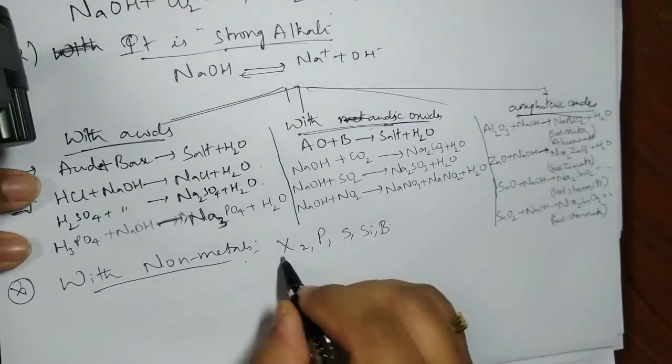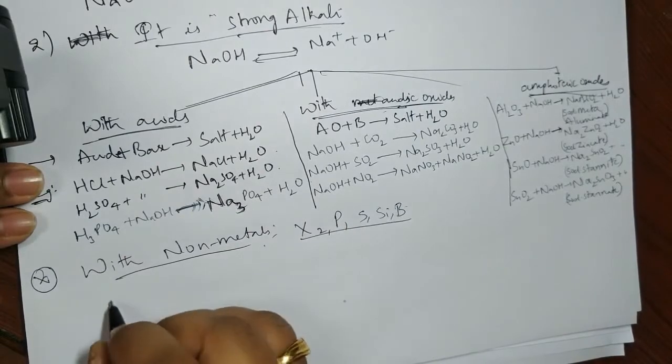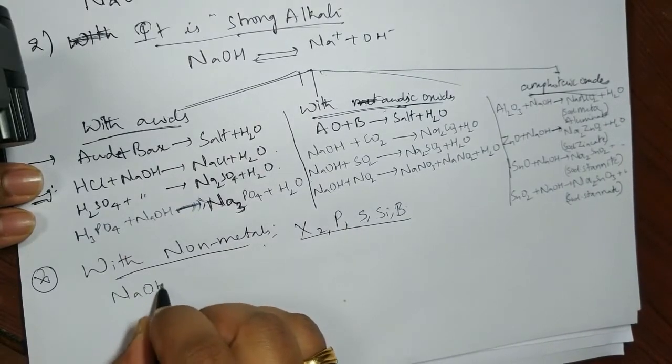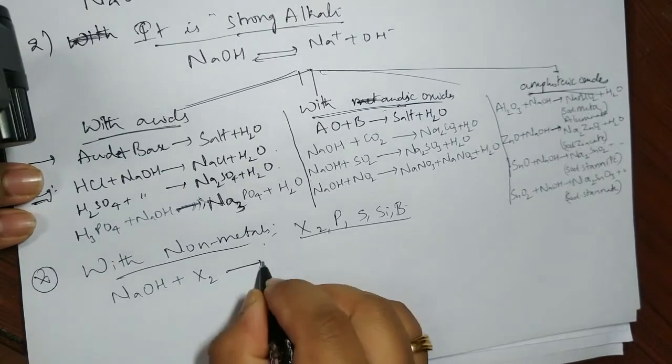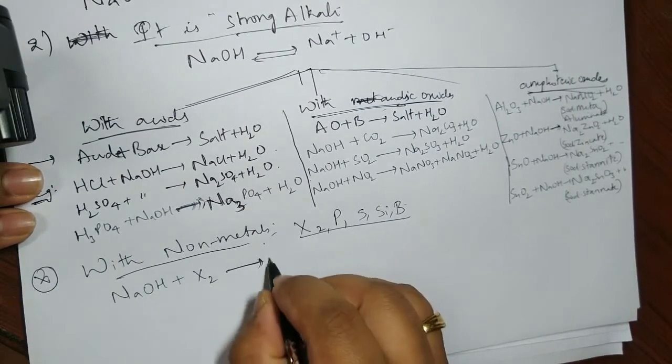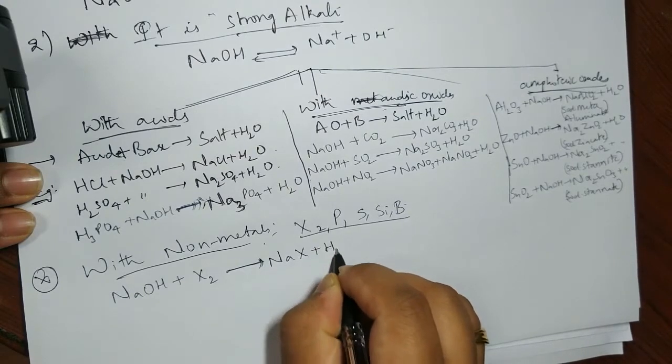So what do you find? The various reactions. And with halogen, it's really important. NaOH plus halogen gives, it is very much evident, sodium halide plus water, correct?